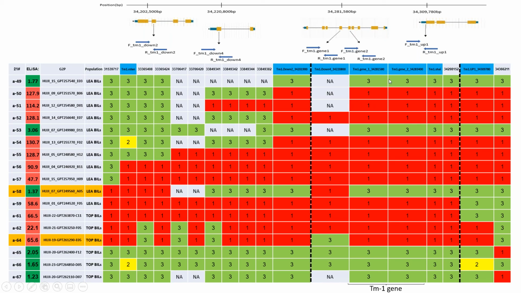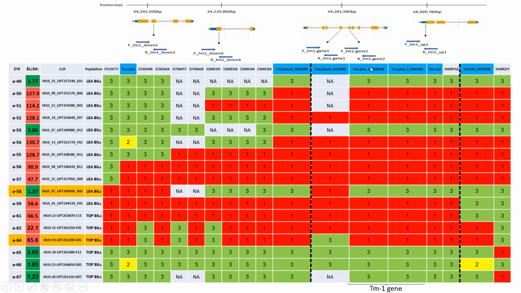As you see here, there are two recombinants marked in orange in this region of the TM1 gene. So I shrank the interval to about 10 kb that included the TM1 gene that affects the phenotype, the resistance to the tomato brown rugose fruit virus.